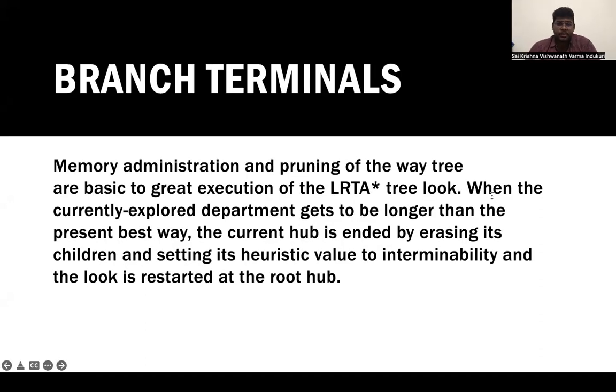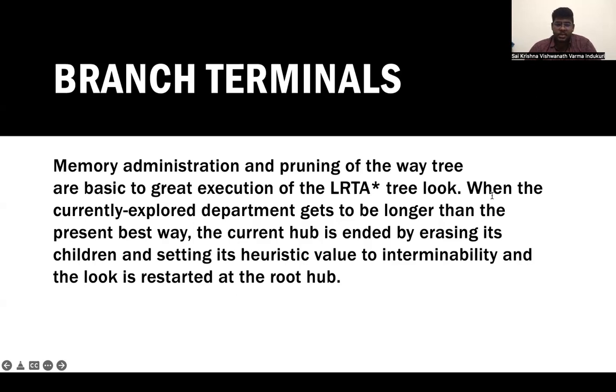And the branch terminals. So memory management and pruning of the path tree are critical to get good performance of the LRTA* tree search. When the currently explored branch becomes longer than the current best path, the current node is terminated by deleting its children and setting its heuristic value to infinity, and the search is restarted at the root node. If a node's children all have heuristic values of infinity, then the node is a dead end and it could be terminated similarly.